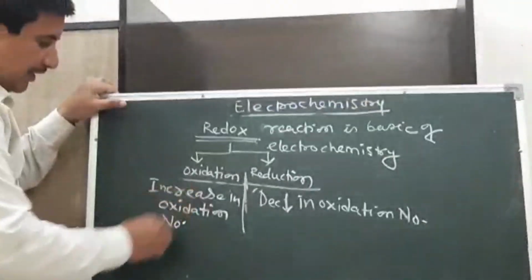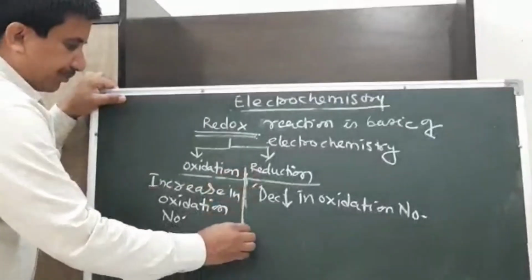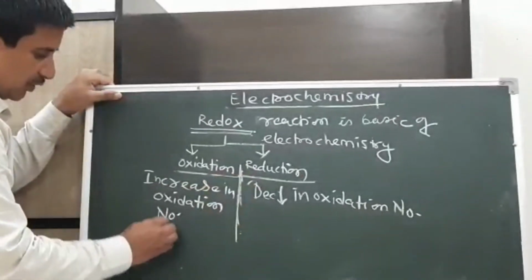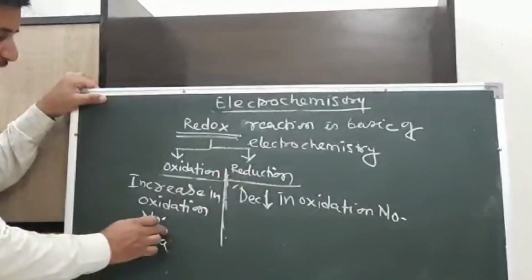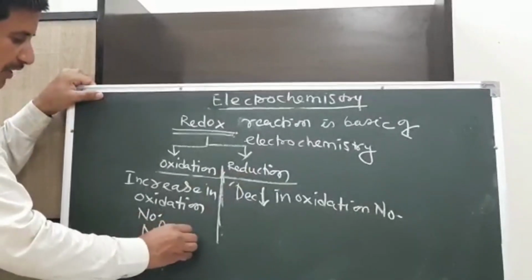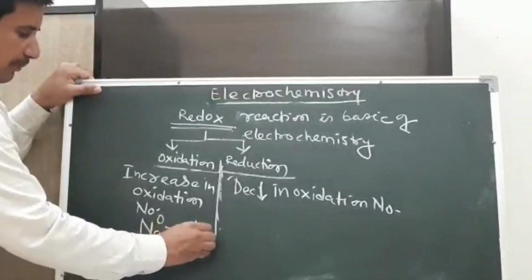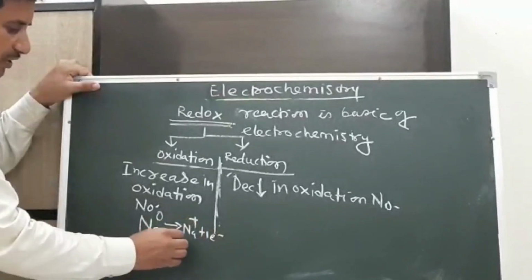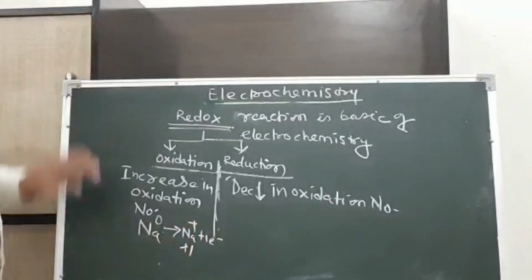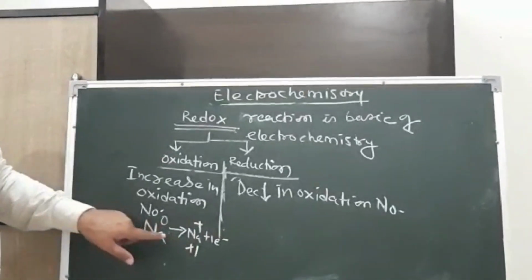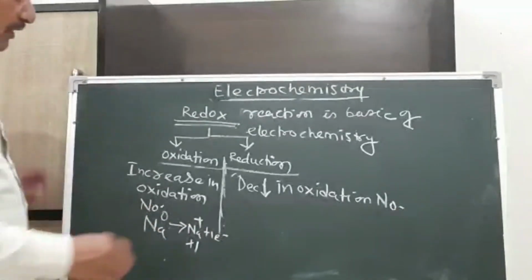Okay, so increase in oxidation number, how? Suppose we had sodium, it had 0 oxidation number. When it got converted to Na plus and one electron was lost, it came into +1 oxidation state. That means it has changed its state from 0 to +1.